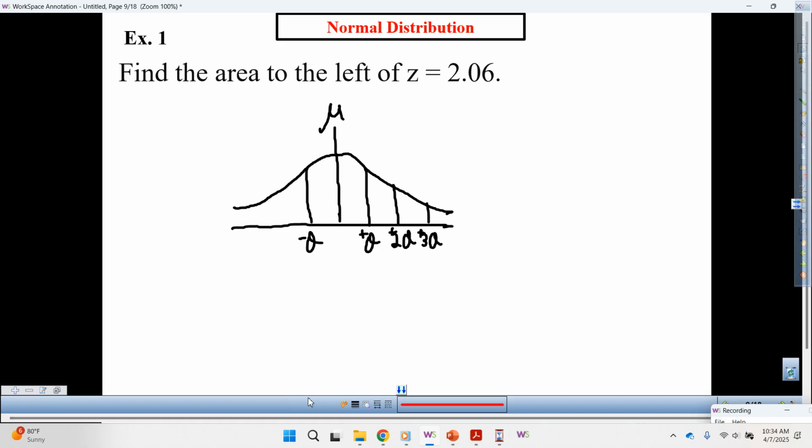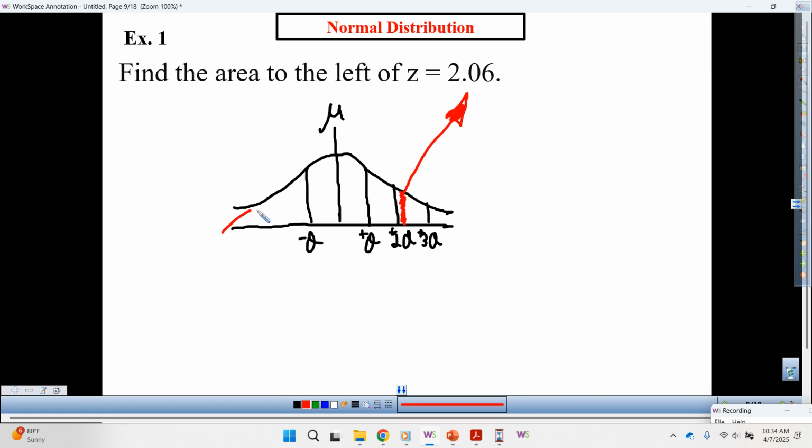Cole, 2.06, where do I place that? Where do I place it on my bell curve first? On the right? Tell me where to stop. All right, pretty close. So that Z-score is 2.06.